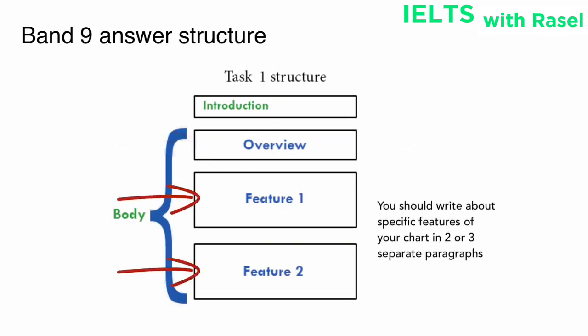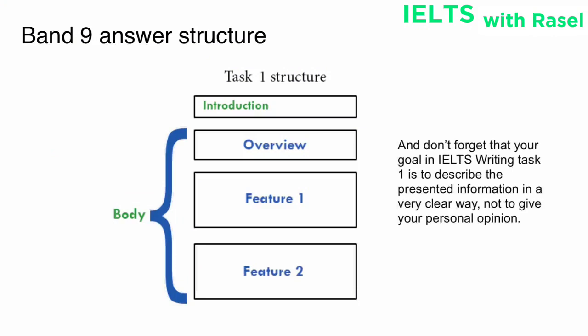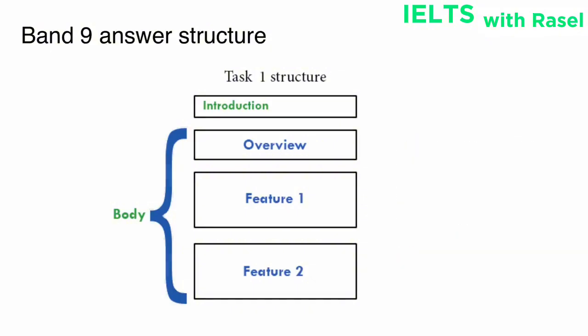Next, you should write about specific features of your chart in 2 or 3 separate paragraphs. And don't forget that your goal in IELTS Writing Task 1 is to describe the presented information in a very clear way, not to give your personal opinion. So don't write a conclusion in Task 1.